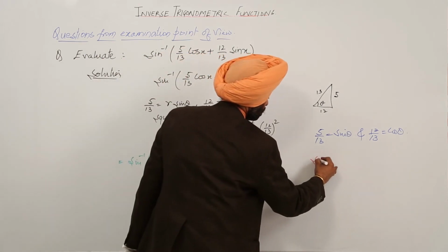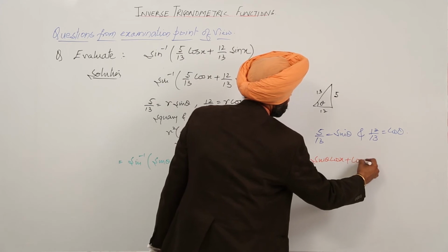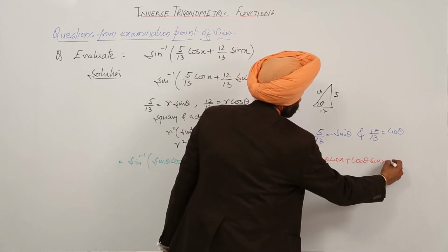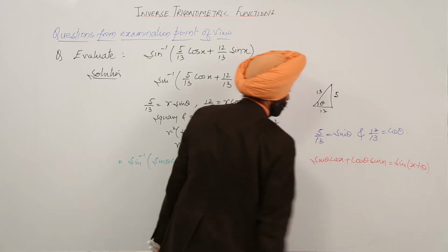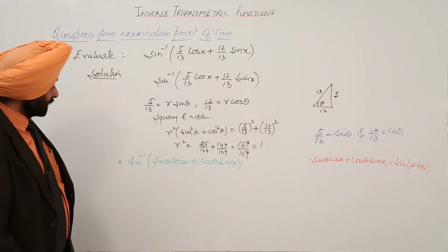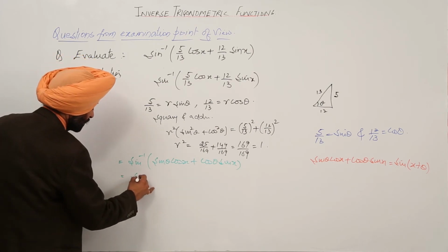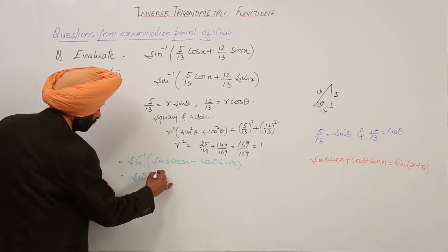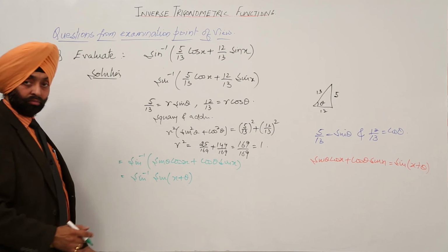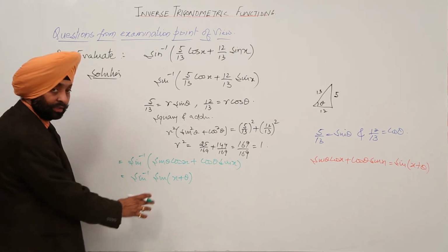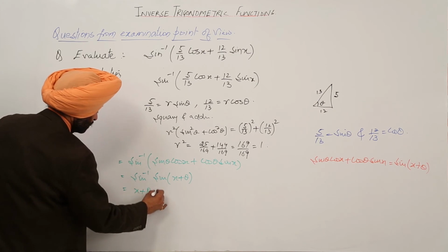Sin theta cos x plus cos theta sin x becomes sin of x plus theta. Now we get sine inverse of sin of x plus theta, and using the definition sin inverse sin theta is equal to theta, we are left with x plus theta.